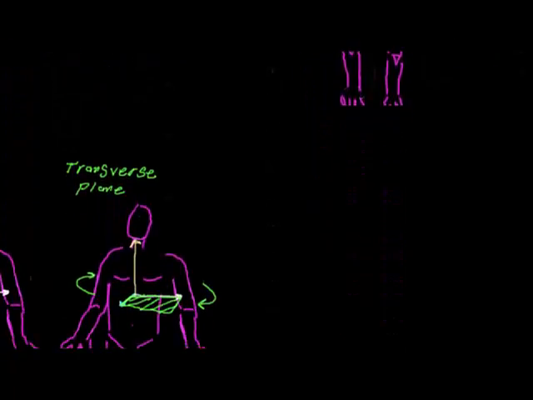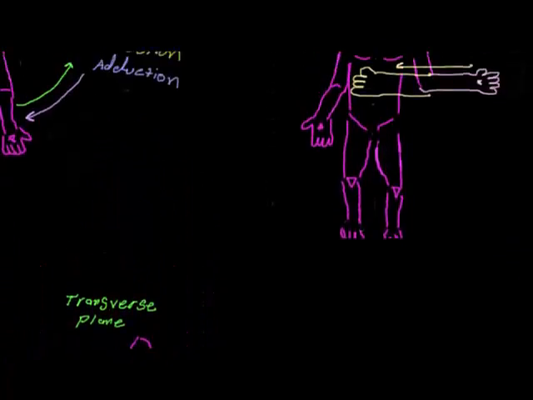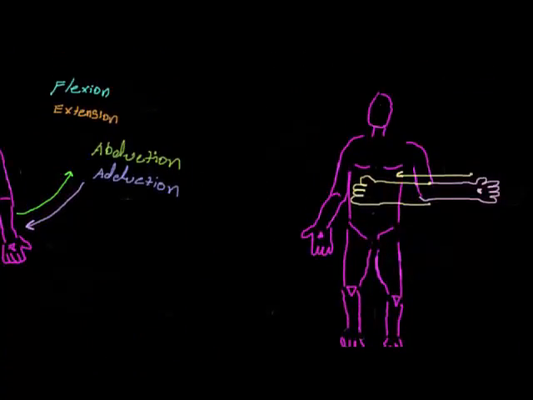And if you don't remember, think of the transverse plane, where it is kind of moving in this part where it divides the top and bottom of your body. So anything moving towards the inside of your body in this plane is going to be internal rotation.